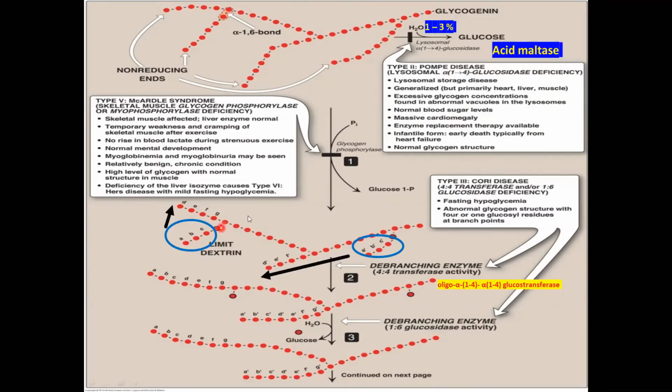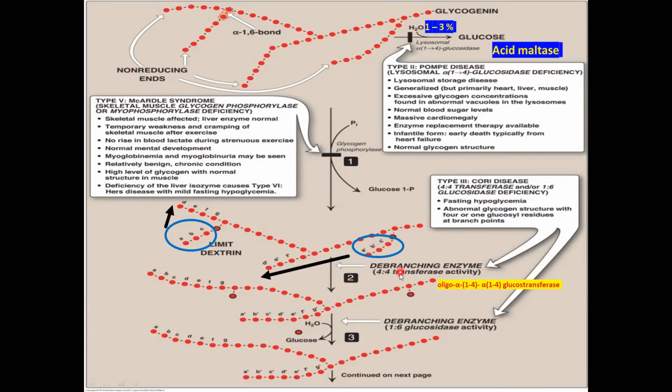At these branching areas, the glycogen phosphorylase enzyme cannot hydrolyze these bonds. Actually it will stop about 4 residues before the branch. So these 4 residues will remain like this, and glycogen phosphorylase will not continue on them.